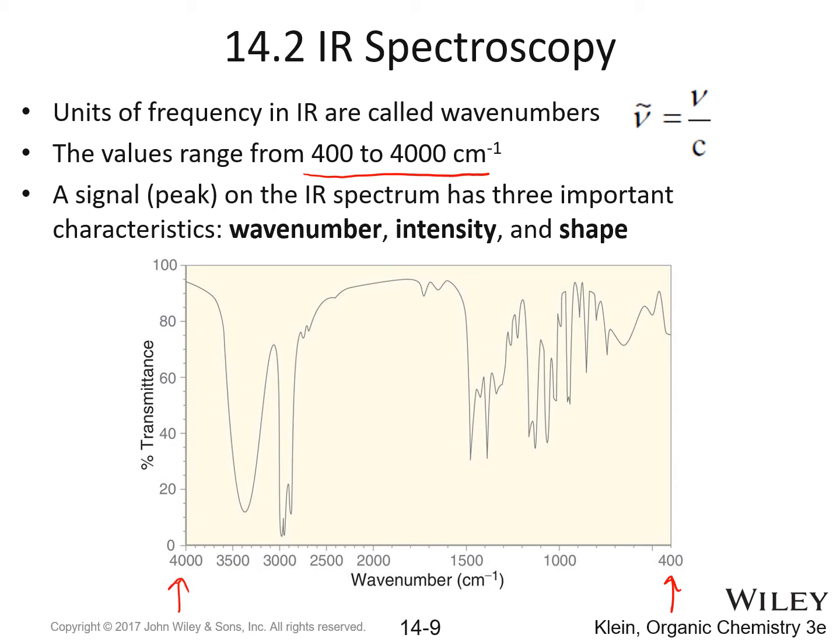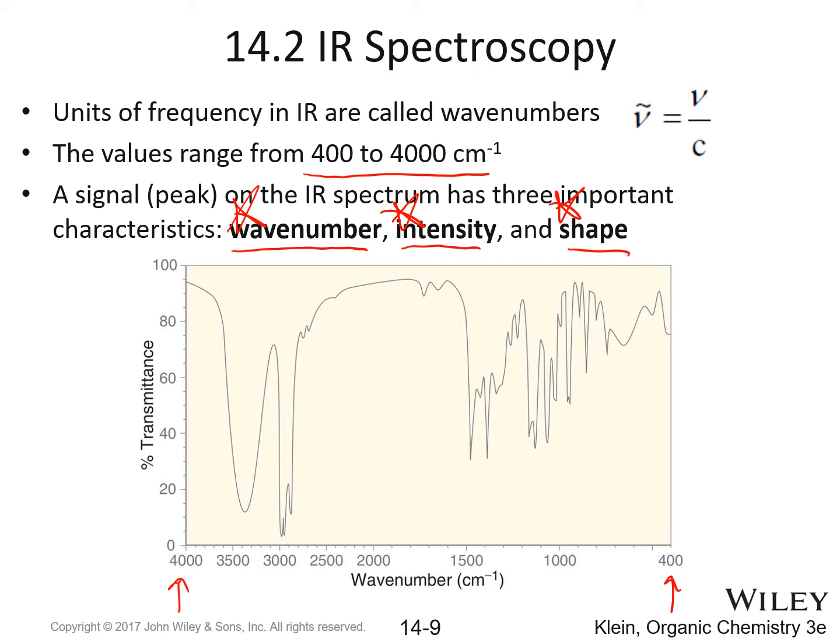And when we talk about a particular peak due to a functional group or bond, we're going to be discussing three very important characteristics: where it lies on the x-axis, the intensity of that peak, and the shape of the peak. So these are super important, and we're going to break this chapter into our understanding of where it lies on the x-axis.